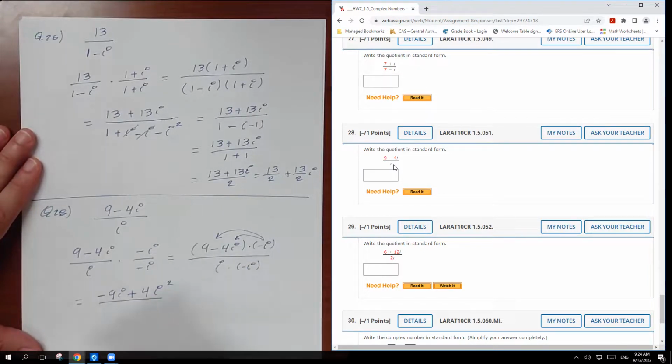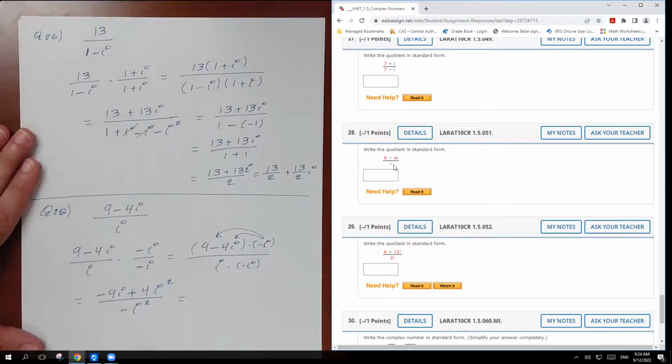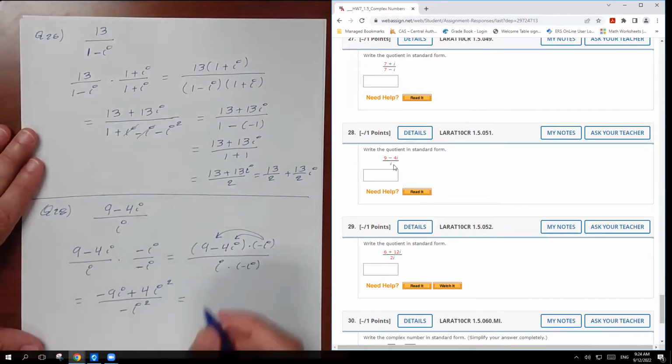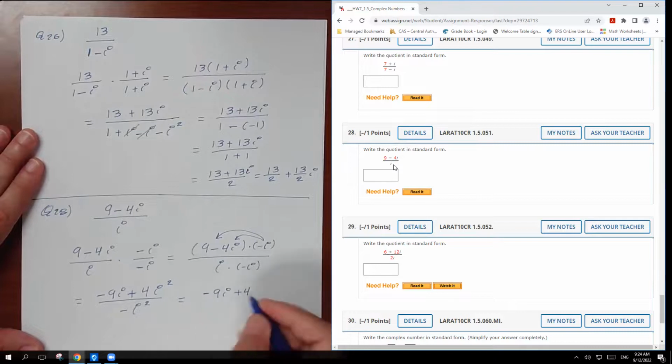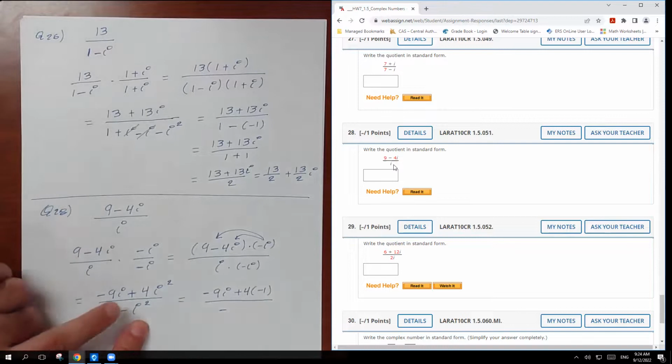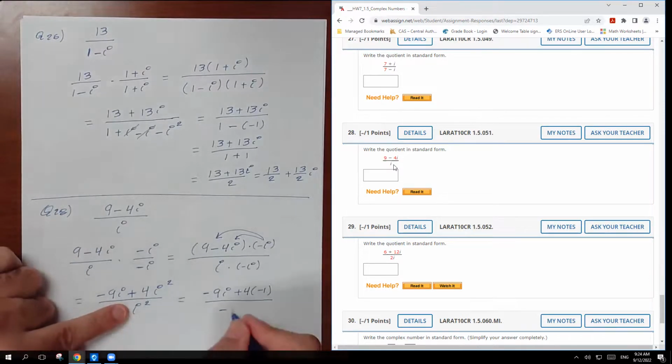Everything is divided by i times negative i, which is going to be negative i squared. So this one is going to be equal to negative 9i plus 4 i squared, which is negative 1. Divided by negative i squared, which is going to be negative. Be careful here. The negative is outside. i squared by itself is negative 1.